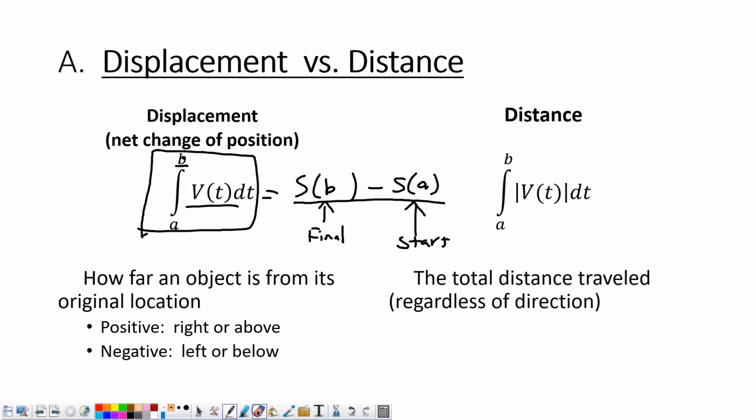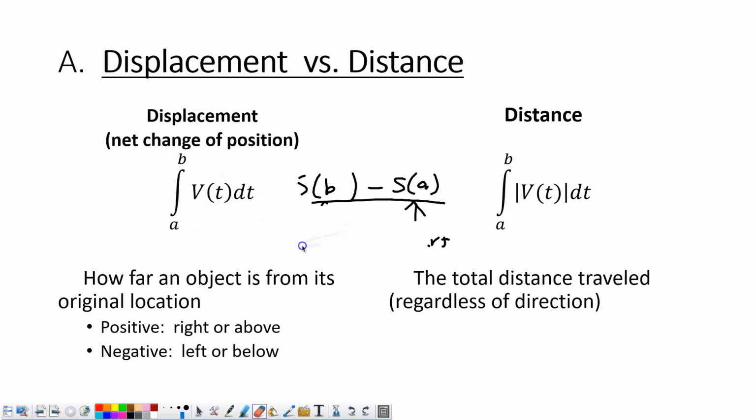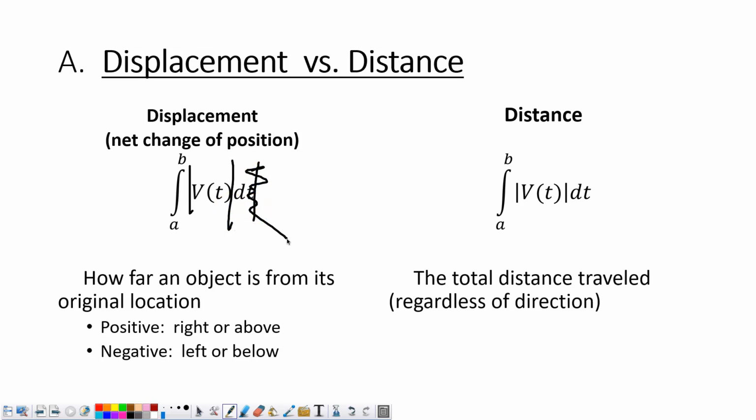But if we take this idea and we take the absolute value of that velocity, in other words, we ignore the direction that we're traveling in, and we just add together all the velocities over time, you get distance.